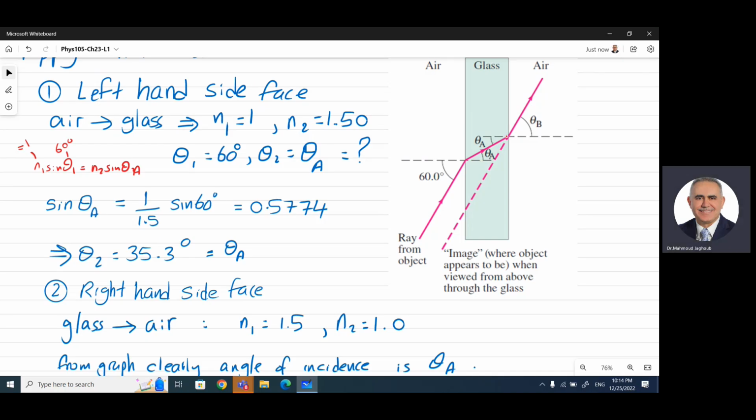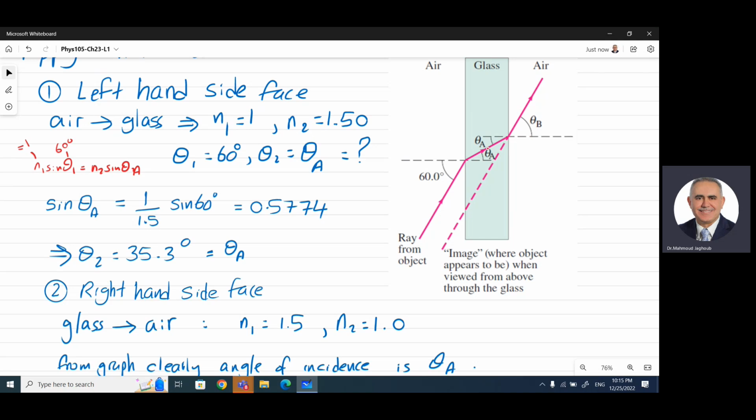Now, when you consider the right-hand side, the light is falling along this direction. This is the normal, and now for this surface and this normal, this angle is the angle of incidence, and this angle is the angle of refraction.